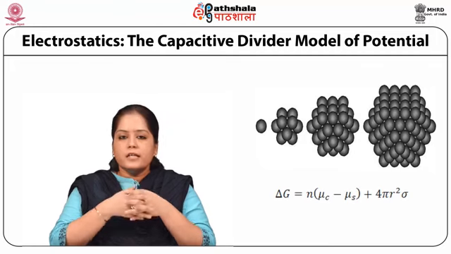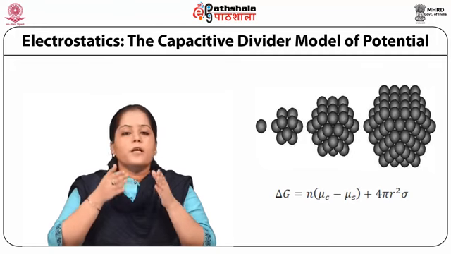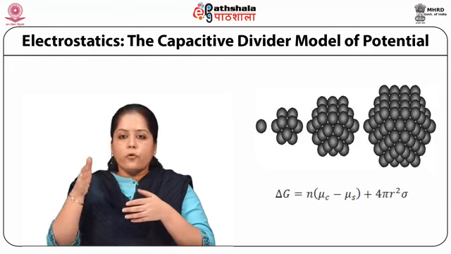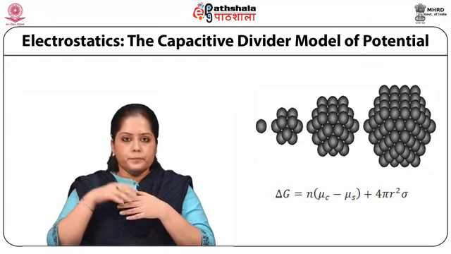Now delta G equals n multiplied by (mu C minus mu S) plus 4 pi r square sigma.